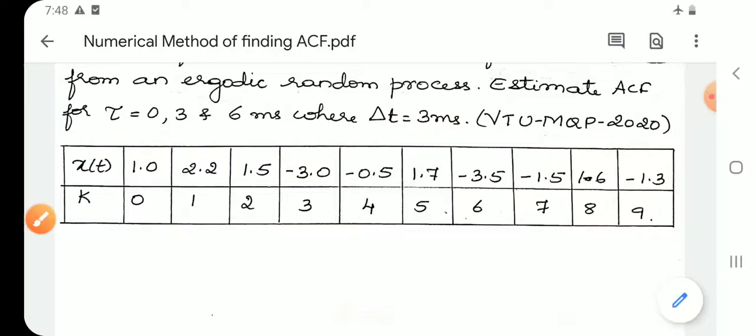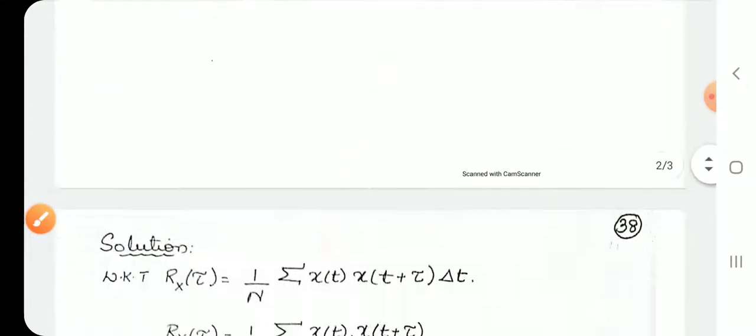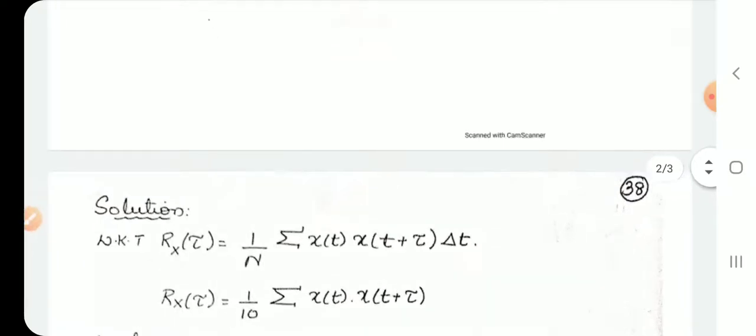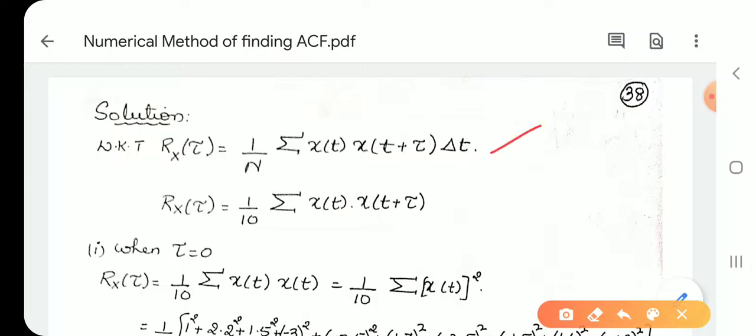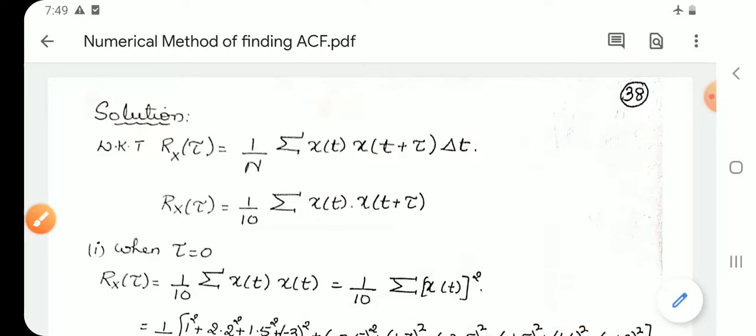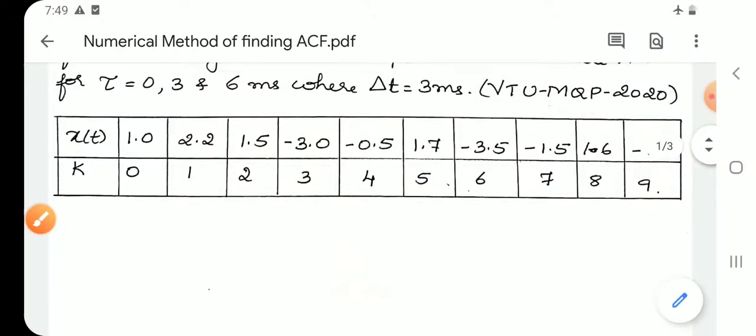So we will use the above formula to find the autocorrelation function, that is Rx of tau is equal to 1 by n into sigma x of t into x of t plus tau. Here delta t is not there. Now n is the number of trials here.